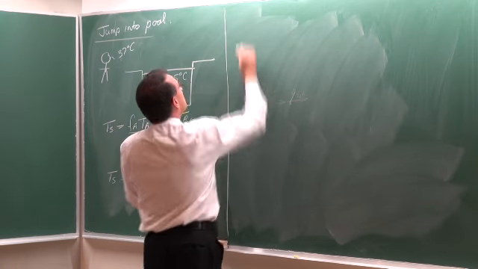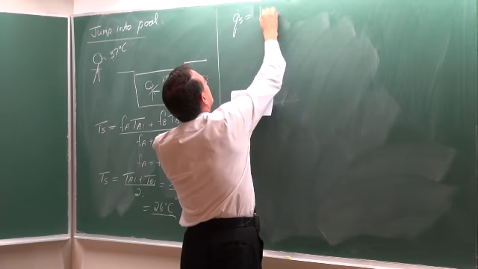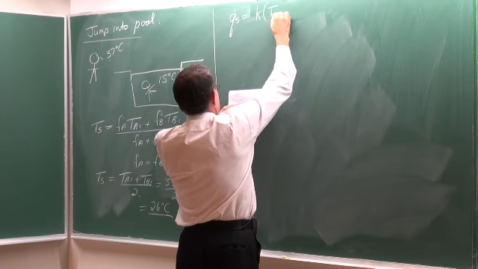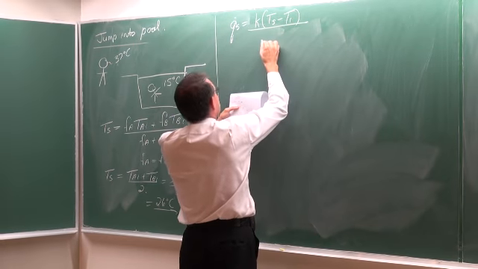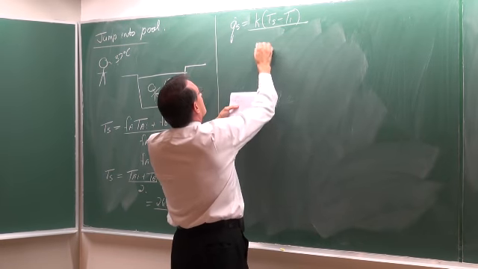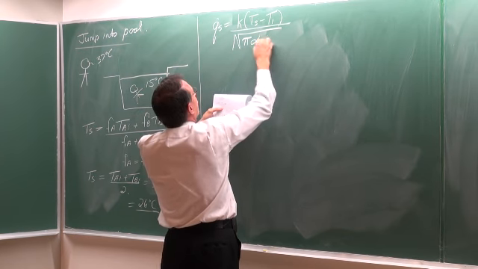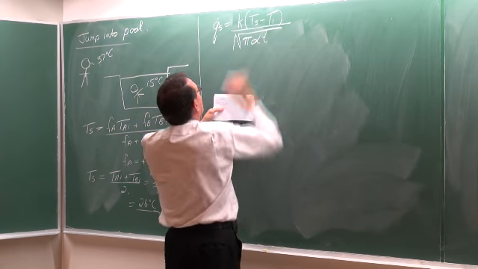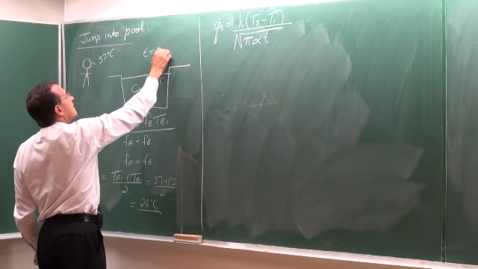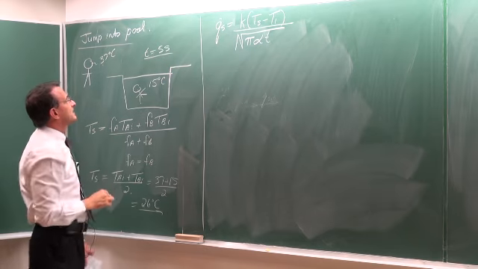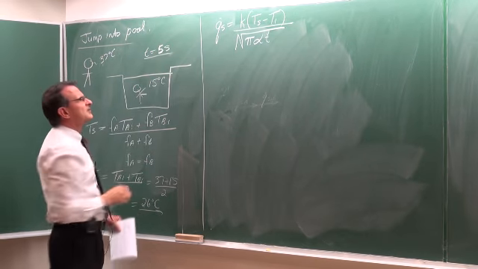The heat flux we can calculate as equal to K multiplied by Ts minus Ti, divided by the square root of pi multiplied by alpha multiplied by T. And again, we are interested in the heat transfer after 5 seconds.